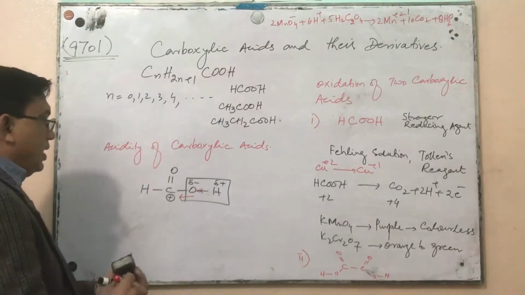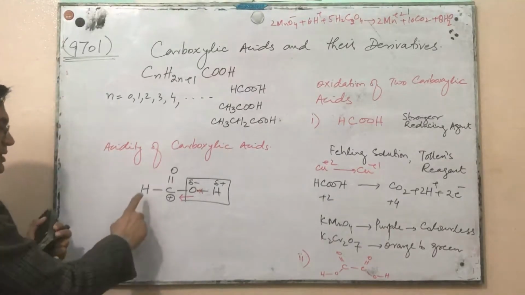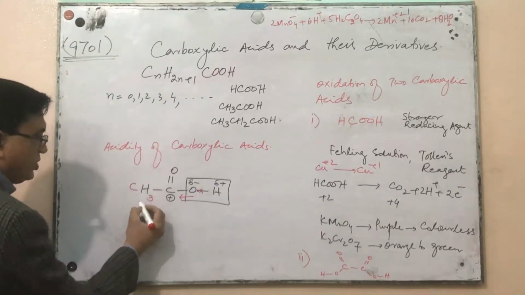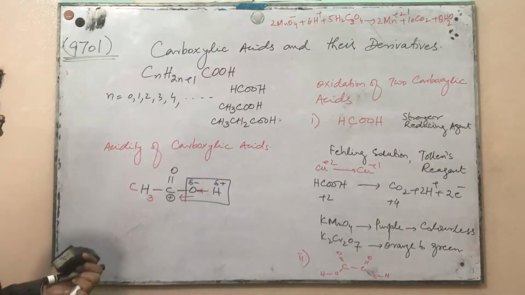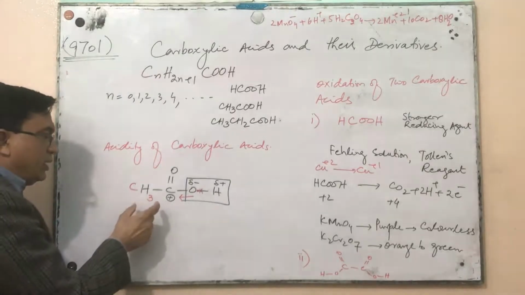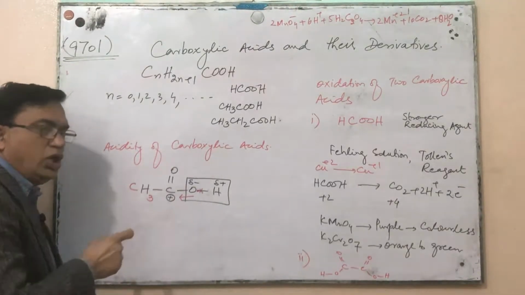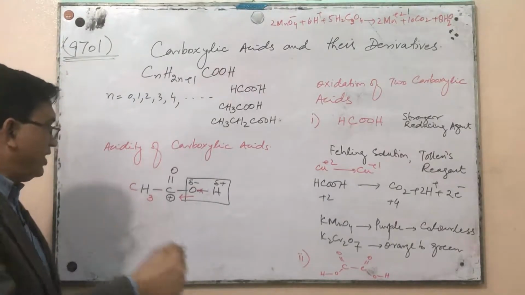Next, if we replace this H by a CH3, now what will happen? As we know, alkyl groups are electron donating groups. Why?